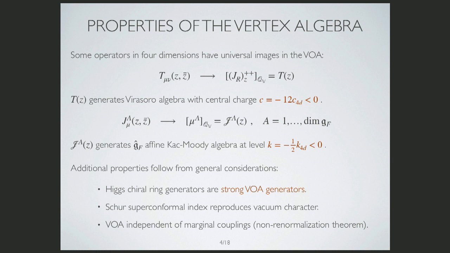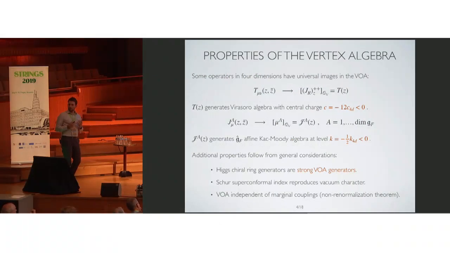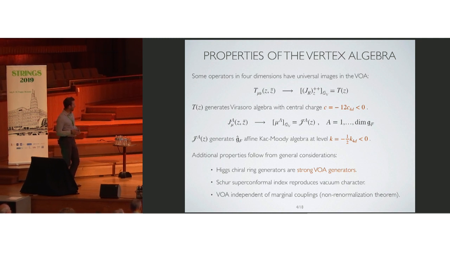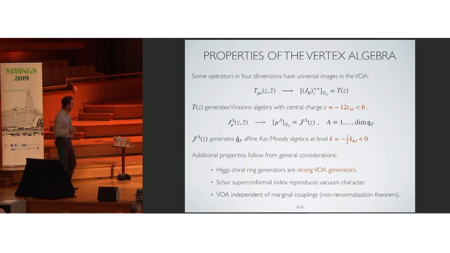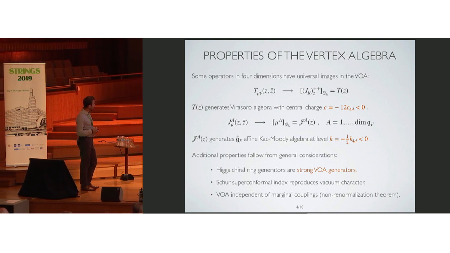Similarly, if I have global G symmetry in 4 dimensions, then that thing has an attendant conserved current called J mu, and that thing lives in a supermultiplet with a Higgs chiral ring operator, usually called mu A, which is the so-called moment map of the Higgs chiral ring. That thing is a Schur operator, and at the level of Q cohomology, it deserves to be called J^A(z), because by virtue of Ward identities, it generates G hat, an affine Kac-Moody subalgebra of the full associated VOA.